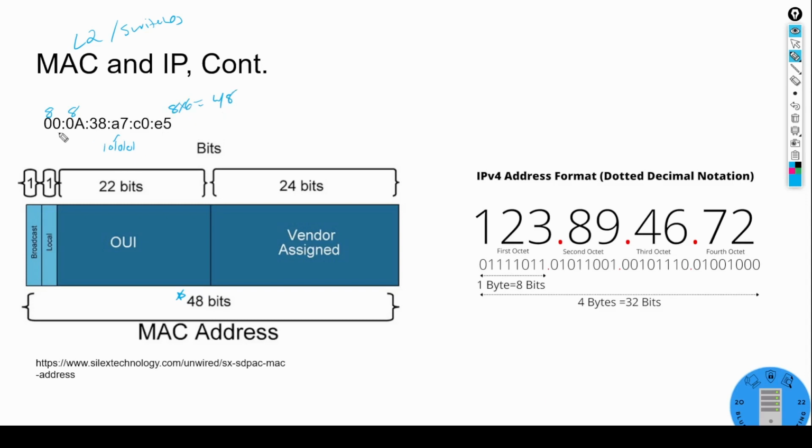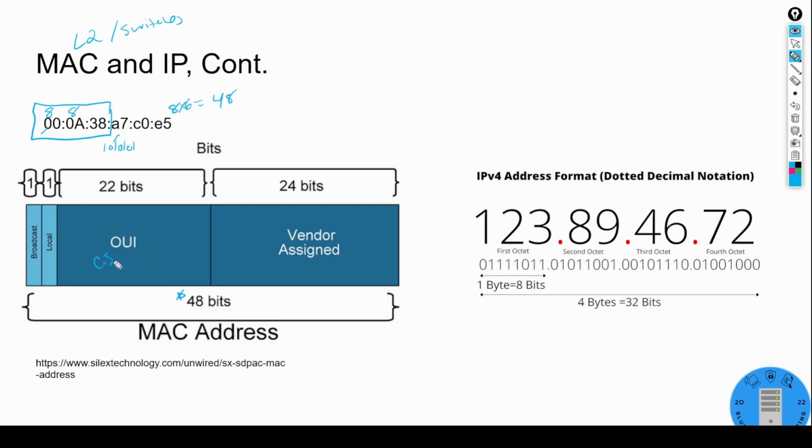And what's really making up this MAC address here is your OUI and your vendor-assigned information. I know this breaks it out into the first couple of bits here contained within this 0 to have a broadcast and a local allocation, but for now, I want you to think of the first 3 parts. So the first 24 bits of the MAC address being your OUI. This is your organizational unique identifier, which will come from your vendor.